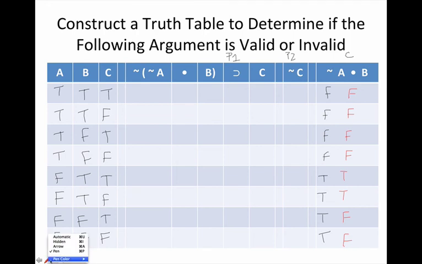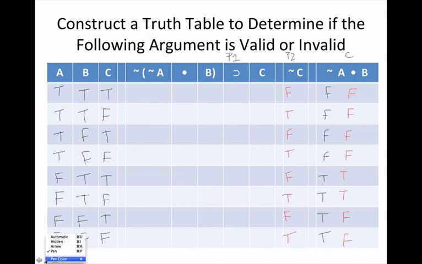I'm going to keep it red since we're going to be comparing premise 2 with the conclusion. So we have alternating, right? False, true, false, true, false, true, false, true, false, true, false, true.